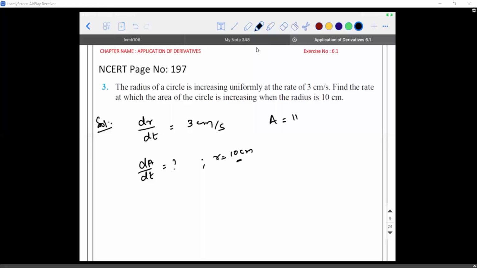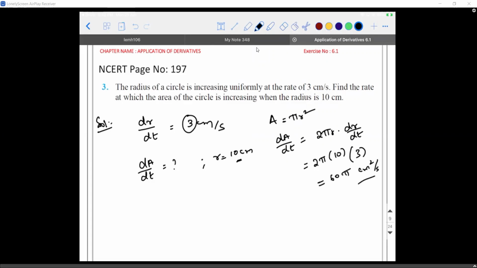We know that area is equal to pi r². So dA/dt will be 2 pi r into dr/dt. So 2 pi into 10 into what is dr/dt, guys? 3 cm. So it is going to be 60 pi cm² per second.